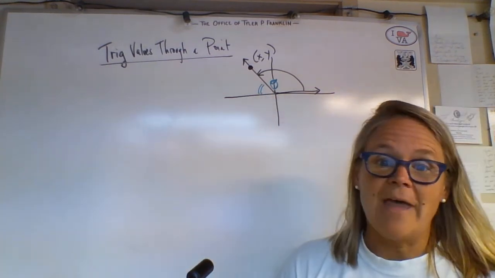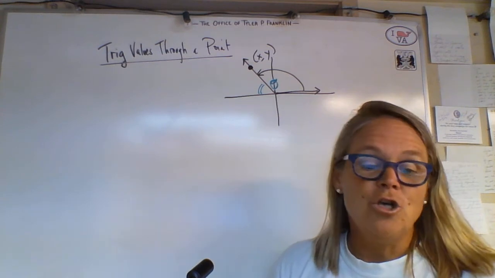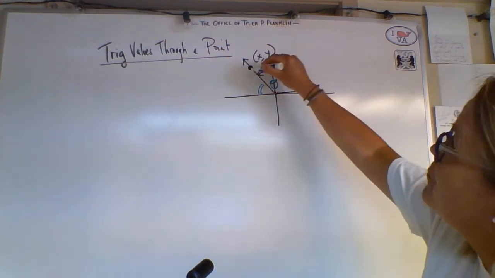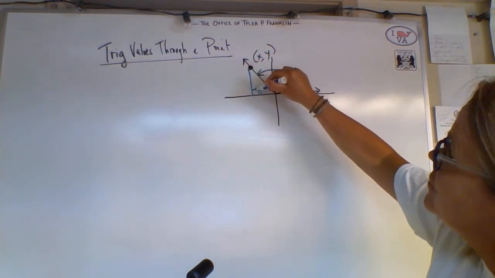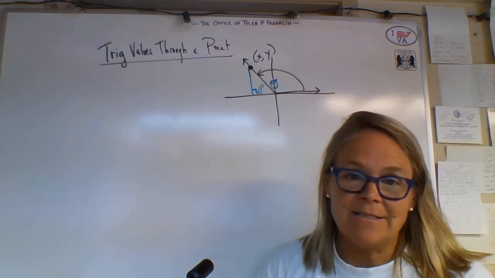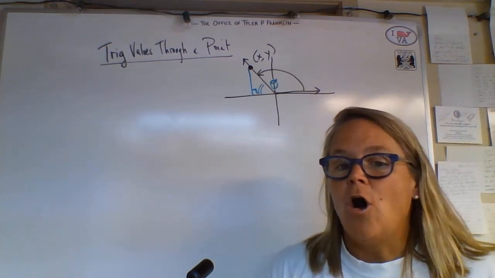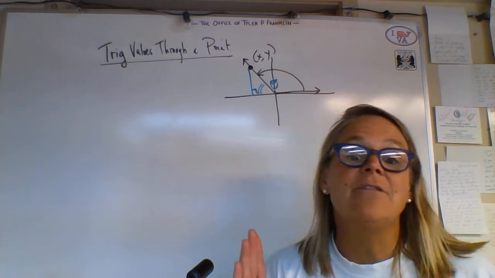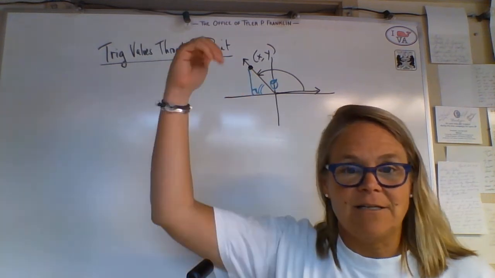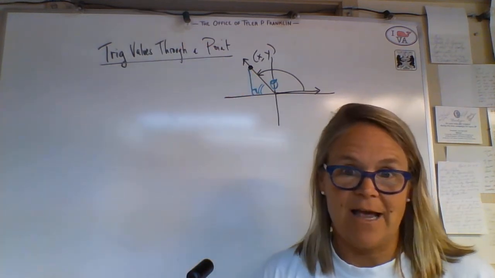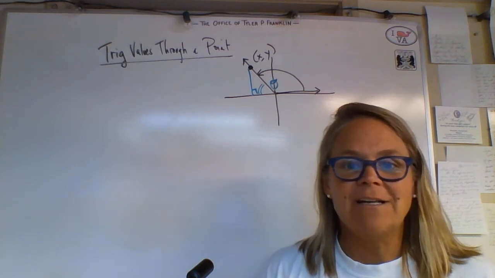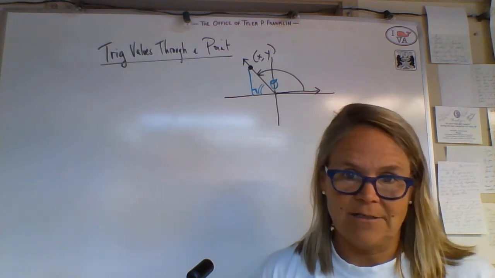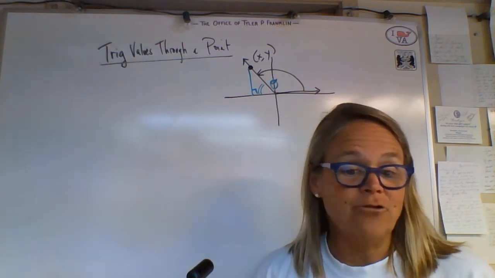To include that reference angle, you drop a vertical line to the x-axis. You're always either rising to the x-axis or dropping to it. You never connect to the y-axis. So now we have a right triangle.